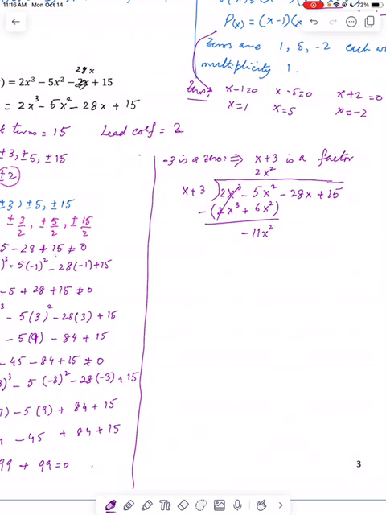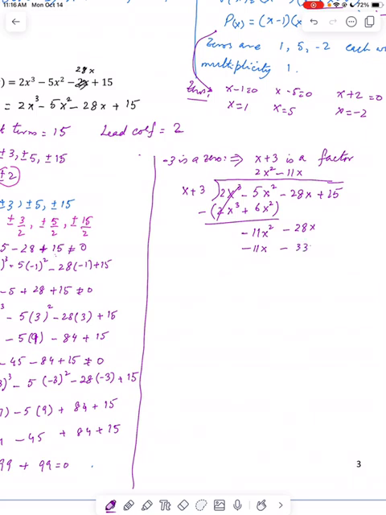Okay, what is the next one? So we bring down the 28x. So now I have to divide this first term by the x, so I get negative 11x. So negative 11x, put there, multiply the divisor, put a negative sign here.